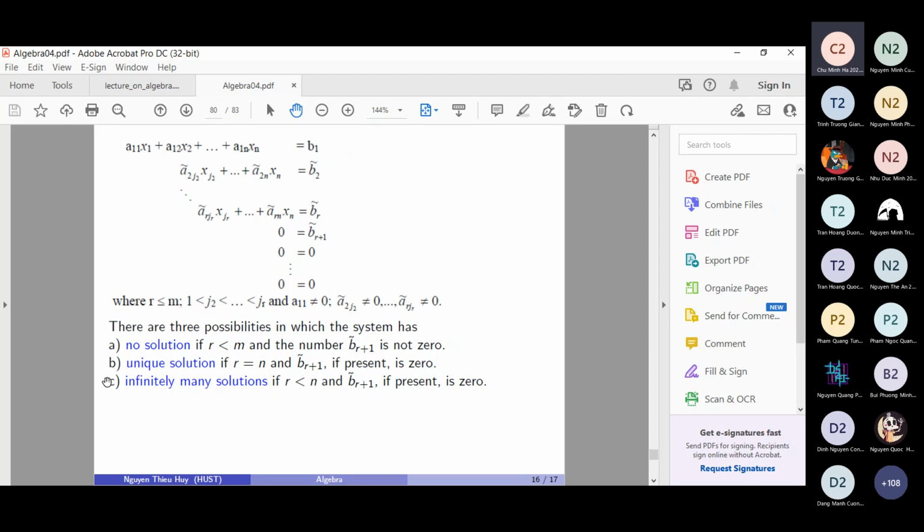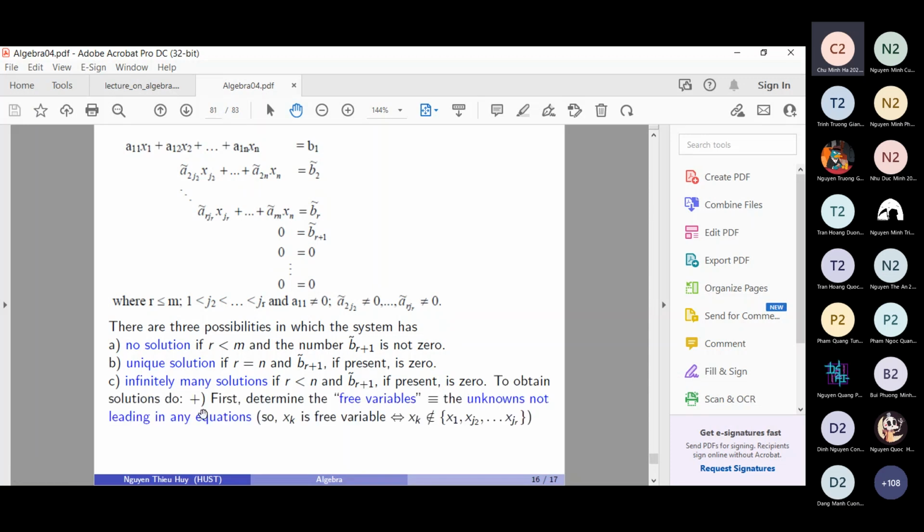But now for the last case, C, to find the solution, we have to do the following. First, you have to determine the free variables. This means the unknowns which are not leading in any equation.